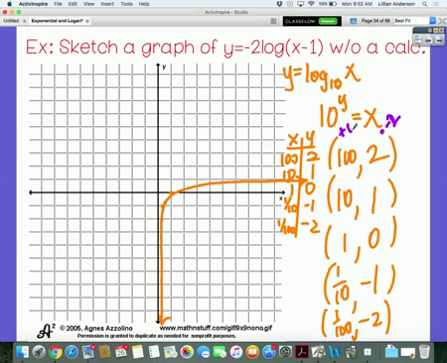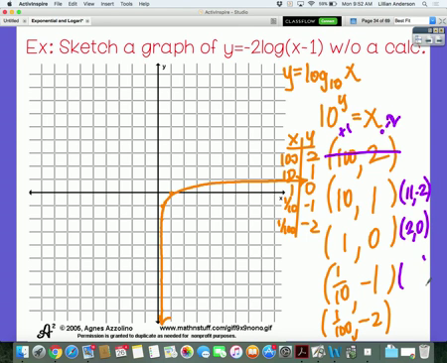Okay? I'm not going to do this one, didn't even graph it to begin with. But this point is now going to be what? 11, negative 2, this point. 2, 0, because I multiply my y's by negative 2, and then I add 1 to my x's.